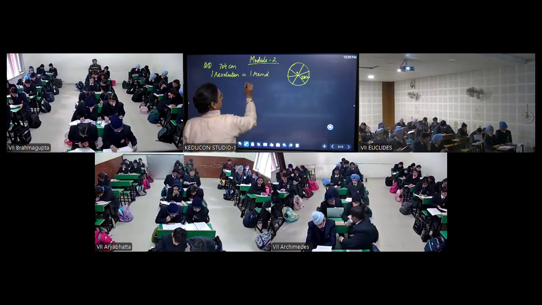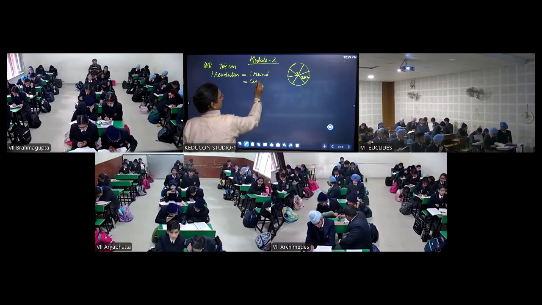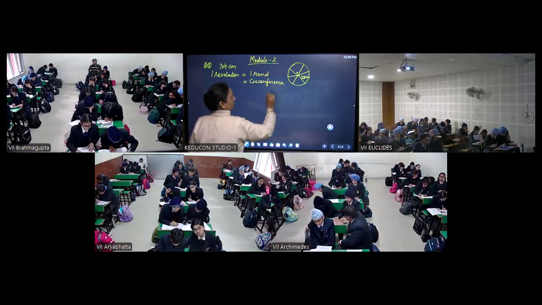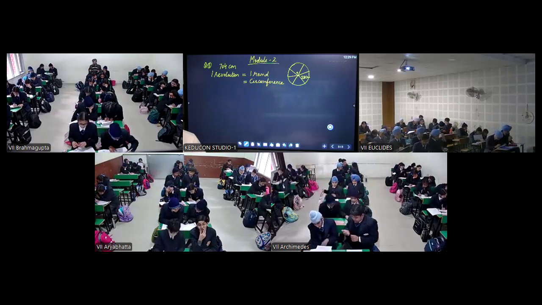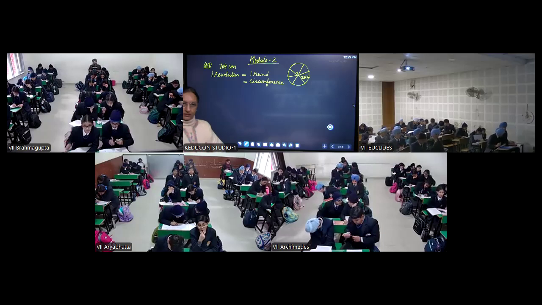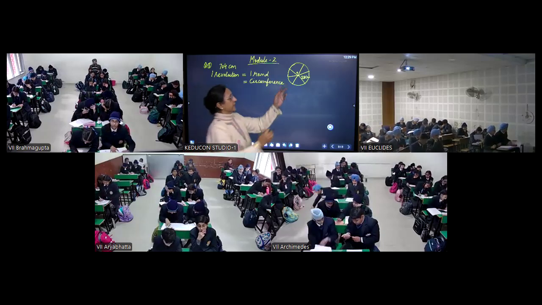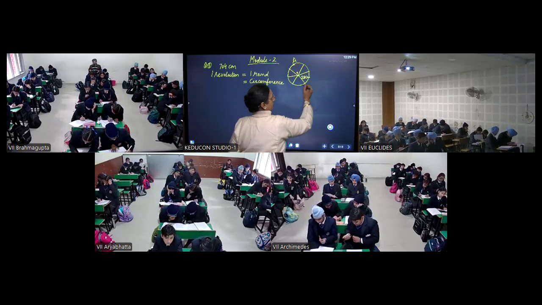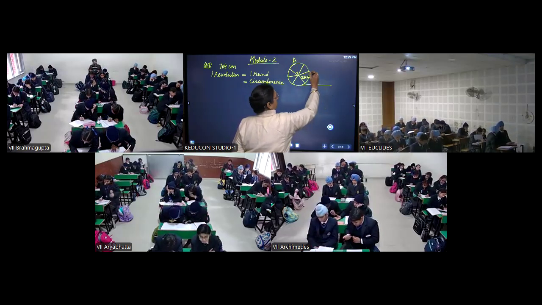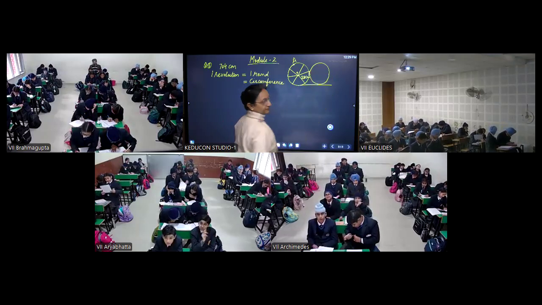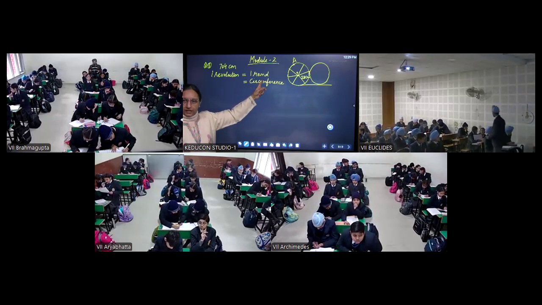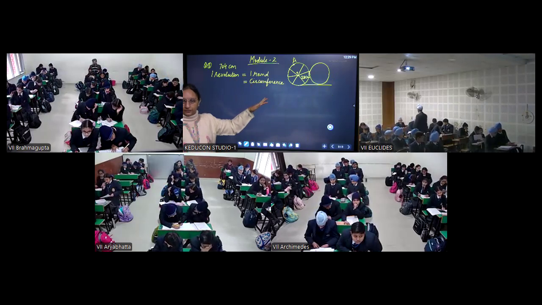One round means equal to circumference. Understand the question? When the wheel is moving, of course it moves in circular form. It starts from A and completes a circle, moves further and completes another circle, right? So in one revolution, it is taking one round, and one round will be equal to circumference of the circle.